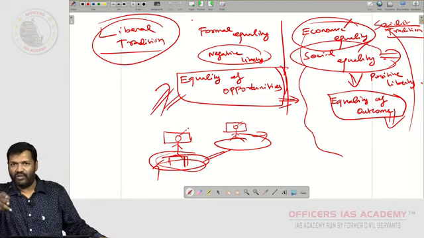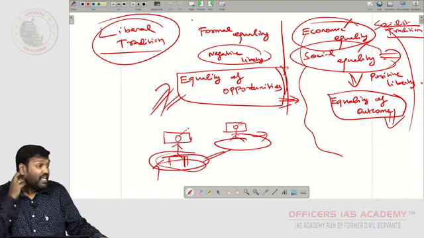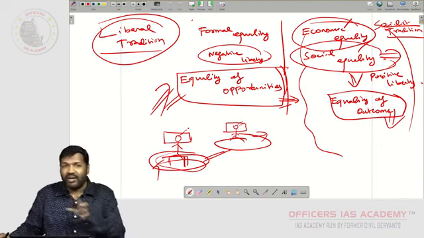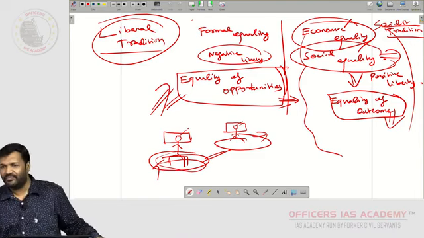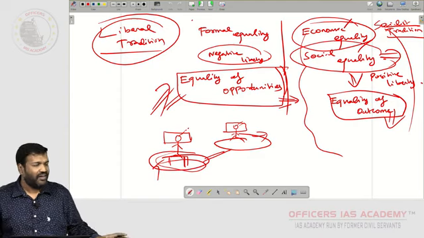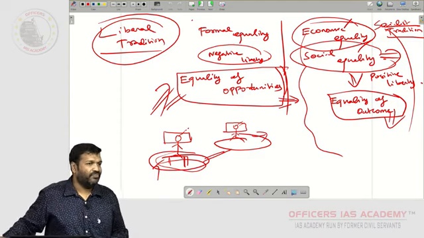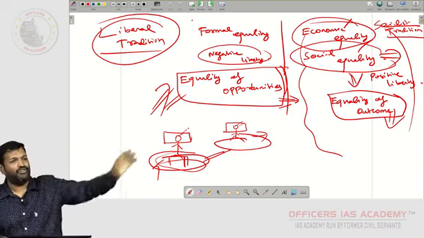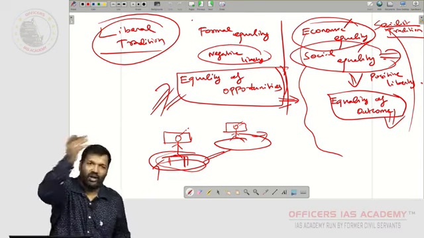Okay, that's how we have to approach. So if you see equality as equality of outcome and liberty as negative liberty, liberty that emanates from the law, then they are contradictory to each other. You can ensure only one at a time. If you ensure equality, you cannot ensure liberty. If you ensure liberty, you cannot ensure equality.